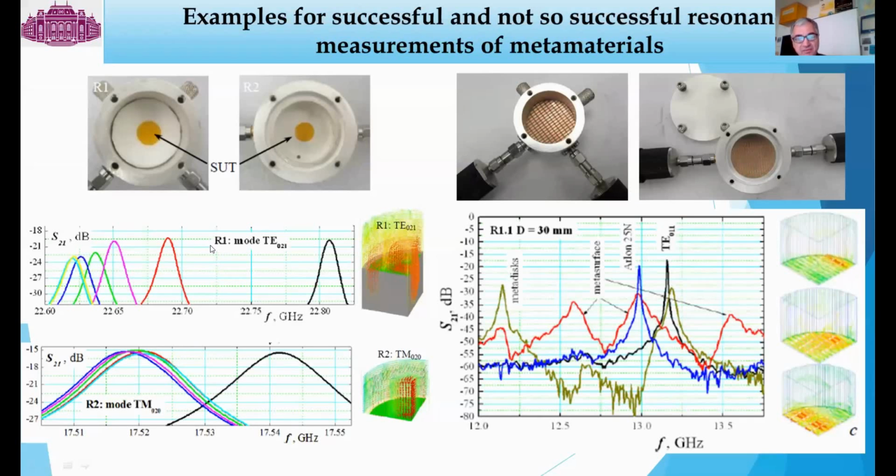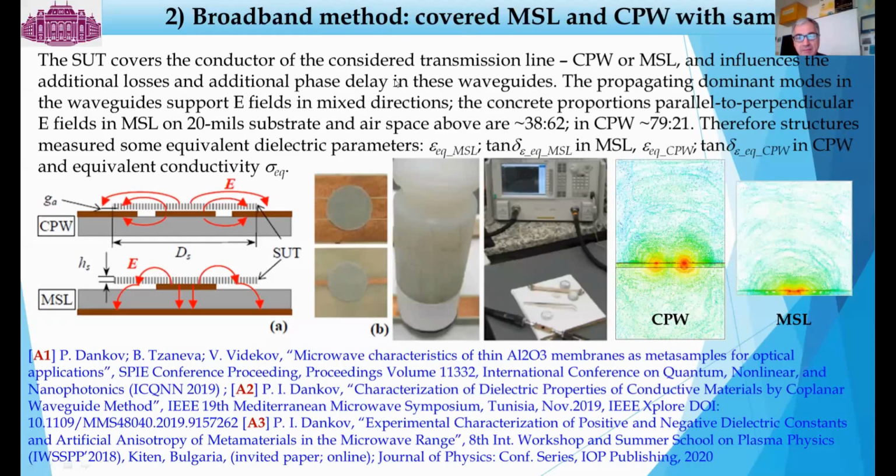Examples for successful measurement are shown, and for not successful ones. Because we did not have success with the resonance method for metamaterials, we developed another method, a broadband method, where we put the material over a planar structure, for example, a microstrip line or coplanar waveguide, and by measuring the dielectric losses and phase in the structure, we can extract the equivalent dielectric constant of the material.